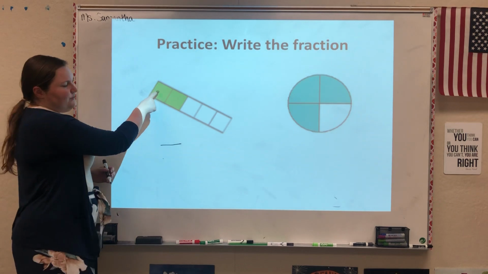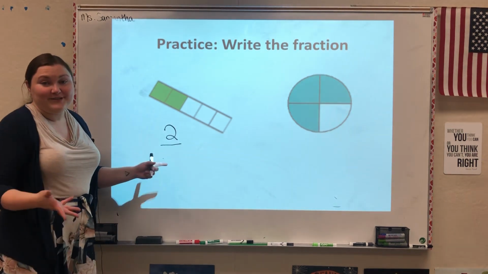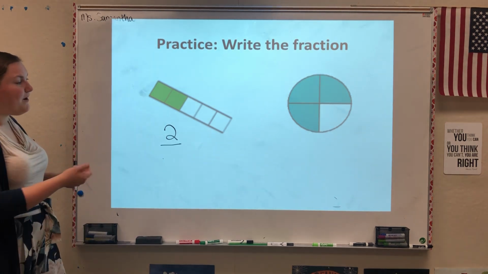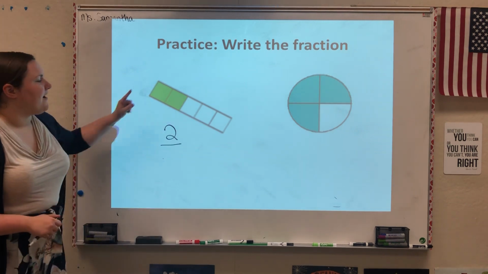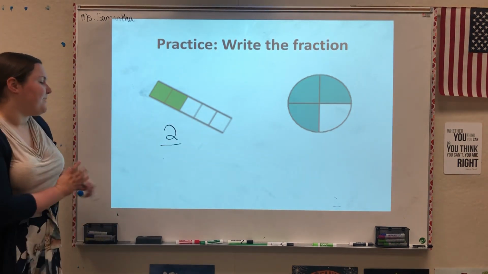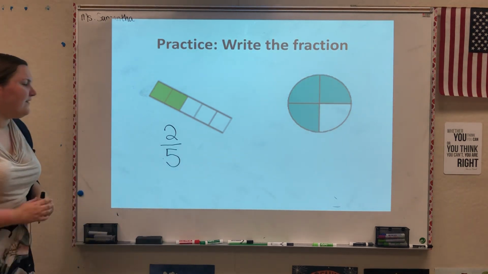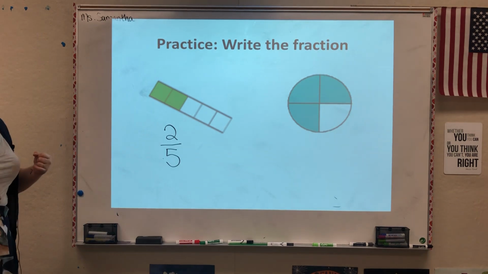Here, that's going to be 1, 2. And then that bottom number, or your denominator, is how many total parts are in that whole. So in this whole rectangle, there are 1, 2, 3, 4, 5 parts. That means my denominator would be 5. So this right here says 2/5 of this rectangle is shaded.